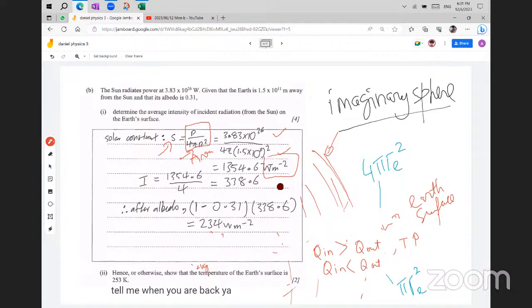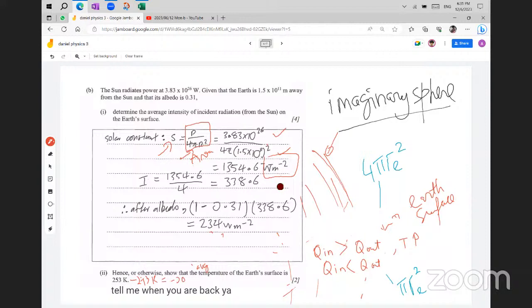Let's calculate what that is in Celsius, just to make sure that it makes sense. 253. 253 is very low, isn't it? He's taking the average surface temperature of the Earth as 253 K. Minus 20 degrees, really?